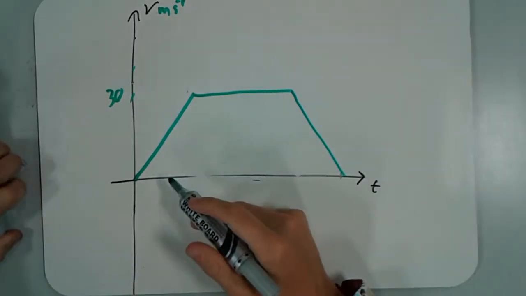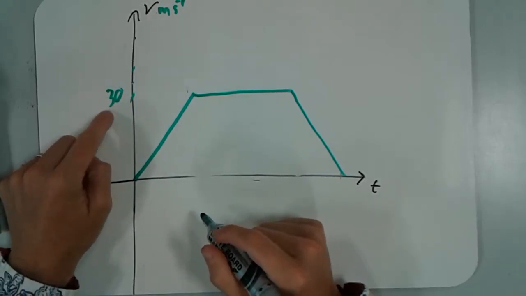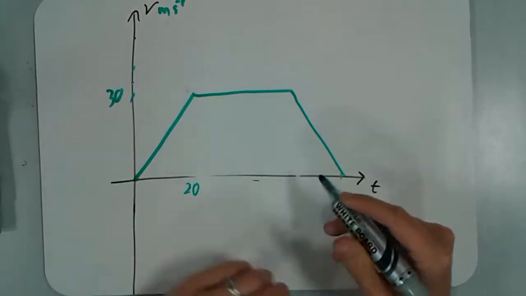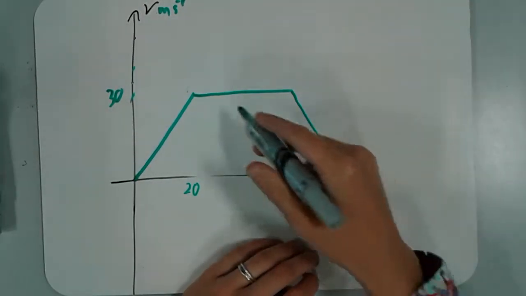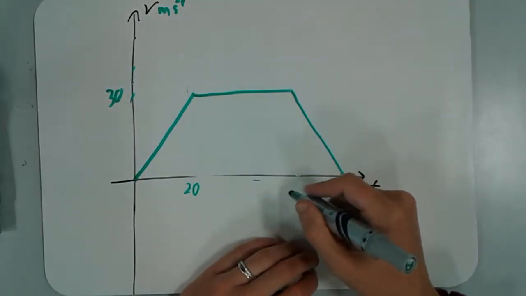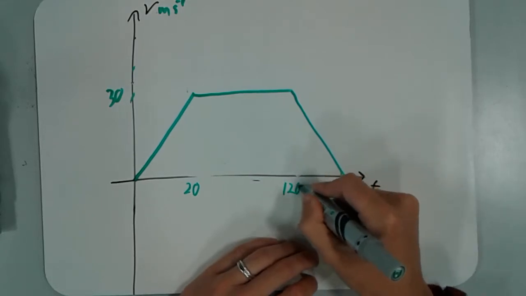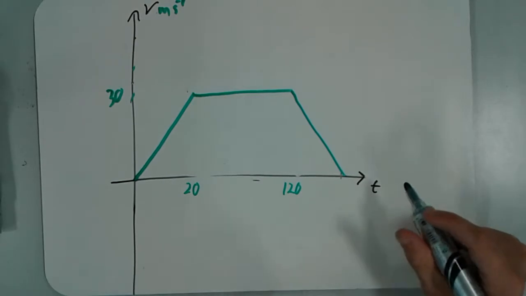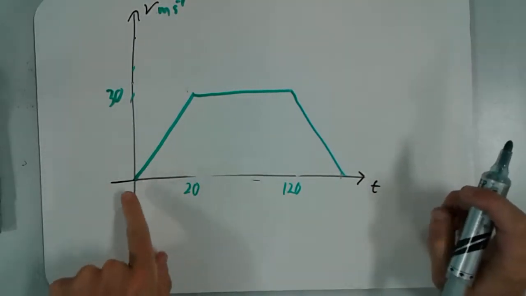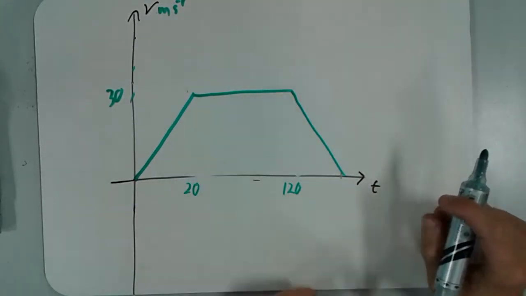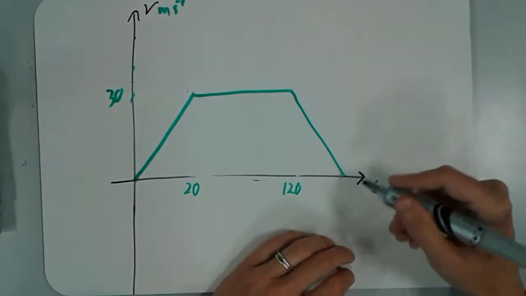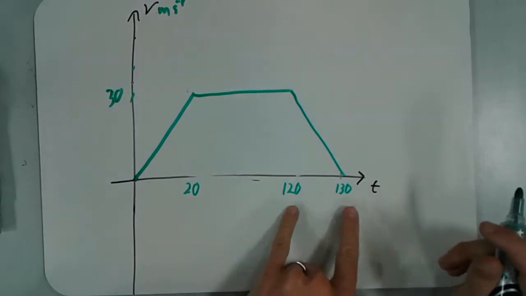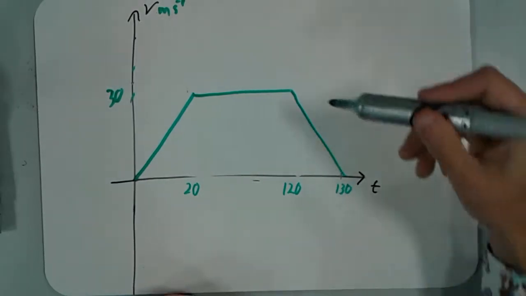So we'll say that it accelerates up to a velocity of 30 meters per second in 20 seconds, travels at a constant velocity for a further 100 seconds. So remember, we need to keep a running total down here, and then comes to rest in, well, if we look at this, it appears to be a slightly sharper gradient, so it's decelerated in less time. Let's call that 130. So it took 10 seconds to decelerate.